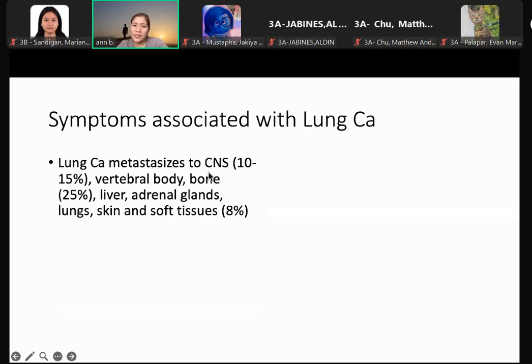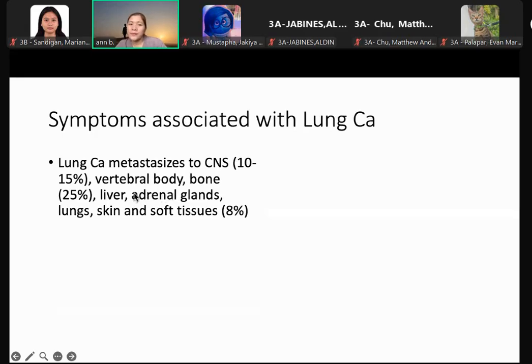Common to these areas is the CNS at 10 to 15%. That's why we need to have the metastatic workup before we proceed with the surgical resection, because we need to do proper staging for proper prognosis of this patient and the survival for this patient.